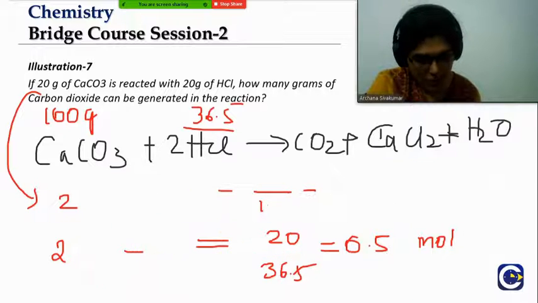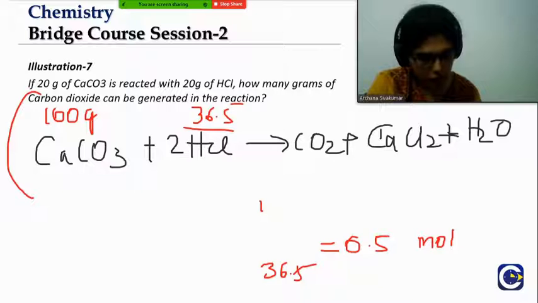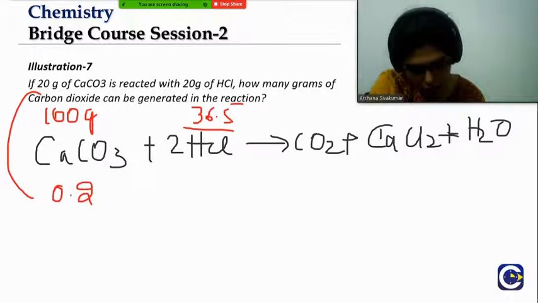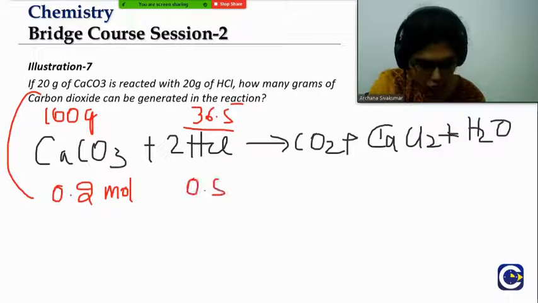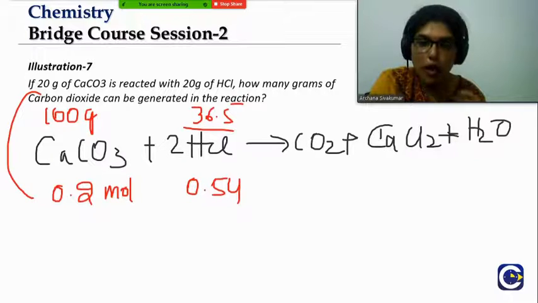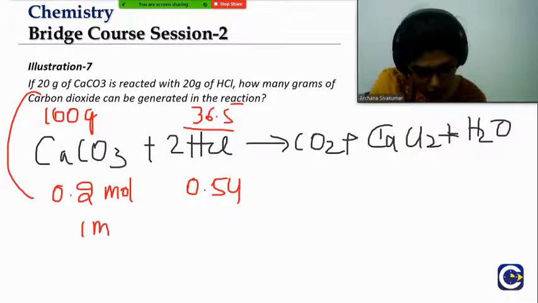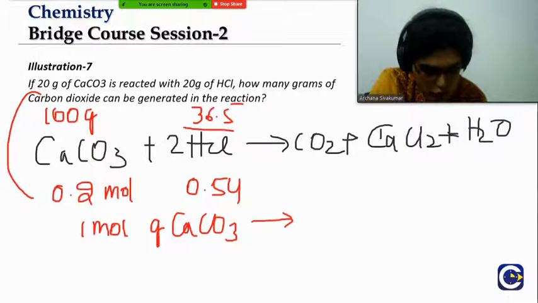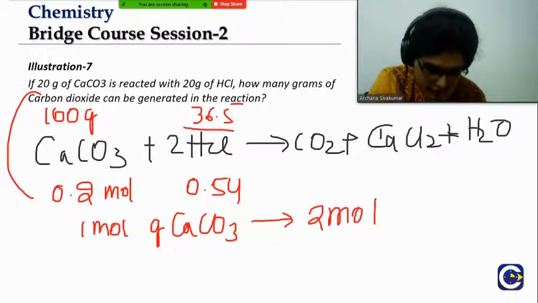Now what is the next step? We have 0.2 mole and 0.54 mole. Next I will find out how much HCl 0.2 moles of calcium carbonate will actually require, not what is present, but how much is actually required. So 1 mole of calcium carbonate according to the reaction requires 2 moles of HCl.